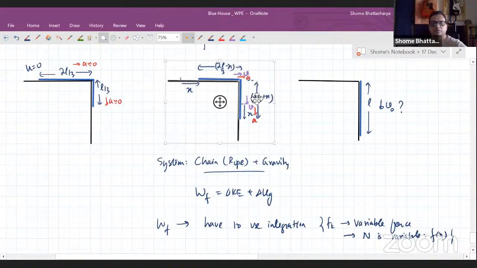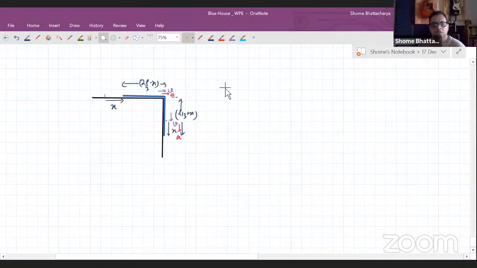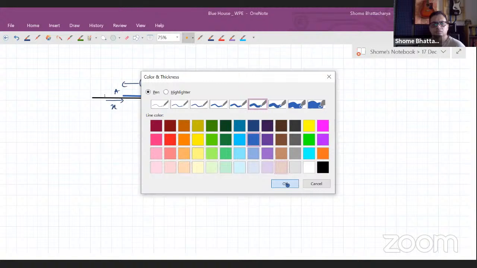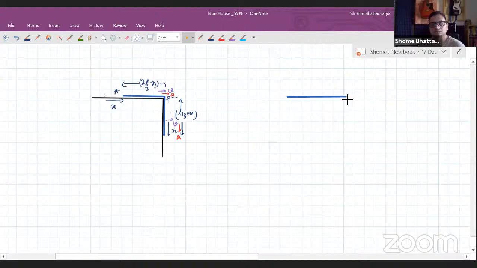Okay, so in this second diagram, if you look into the free body diagram of this portion AP, we can see that the weight of this portion is this much.